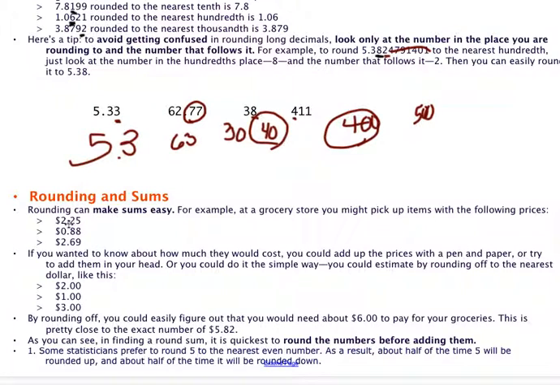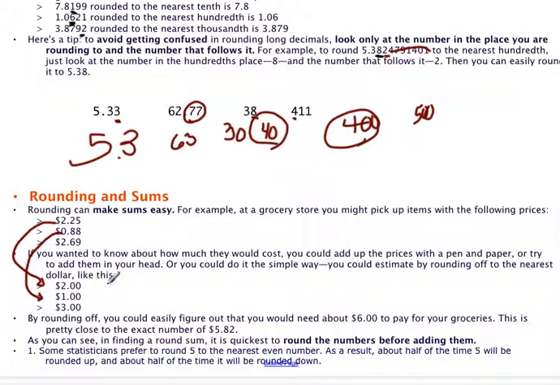So $2.25, you could simply make that $2 because $2.25 is pretty close to 2. And 25 is less than 50, so we go down. 88 cents, that's pretty darn close to $1.